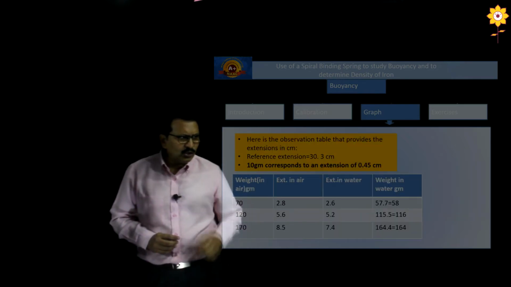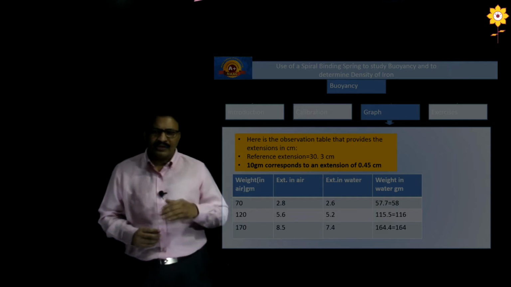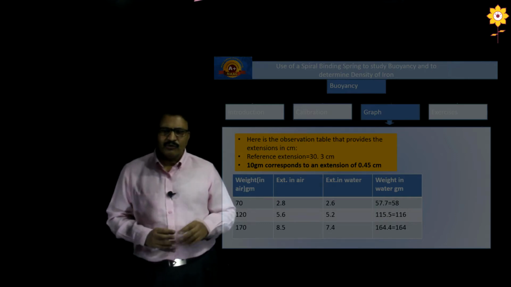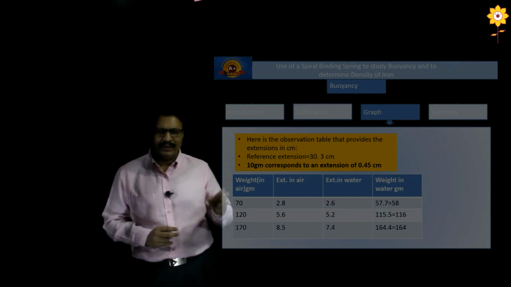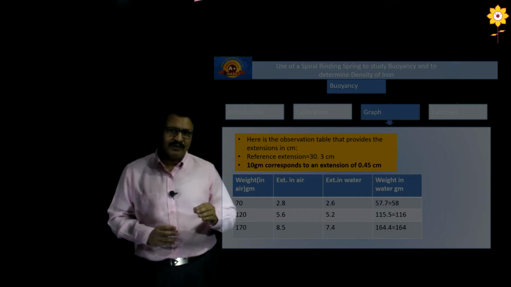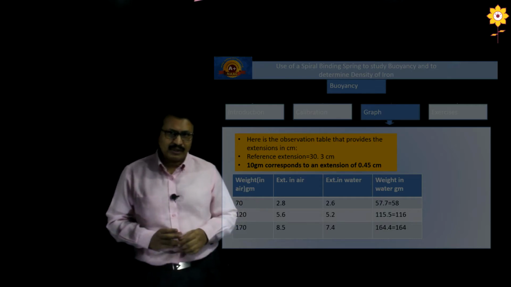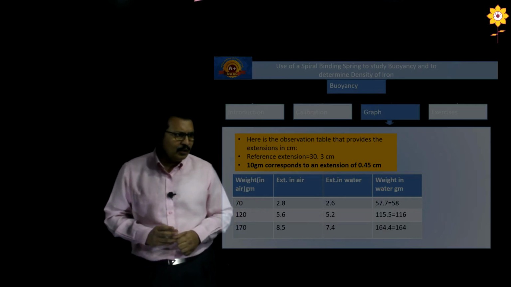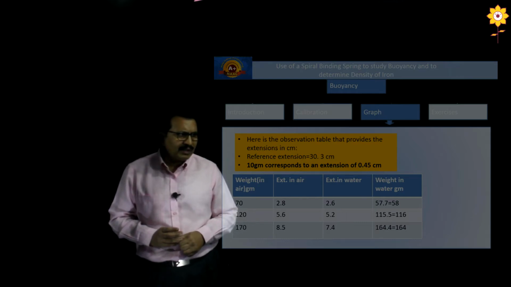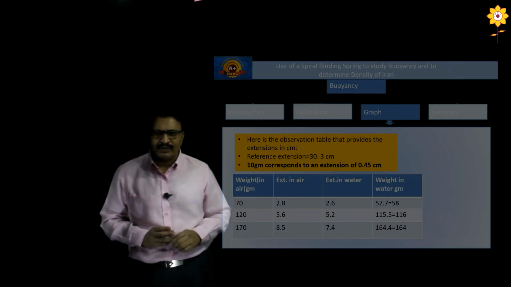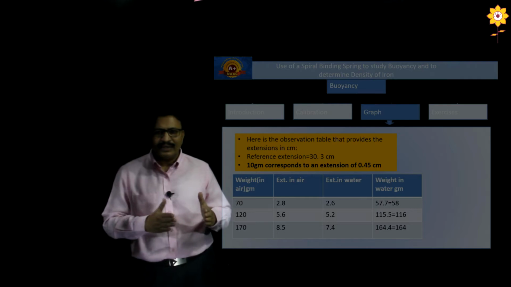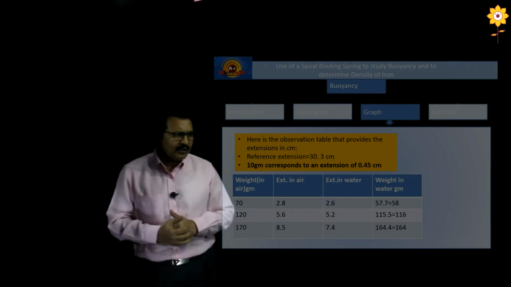Similarly, let us also do the same kind of corrections for the readings that we obtained when the weights were suspended in water. The corrected readings, that is the correct extensions in centimeters, are 2.6, 5.2 and 7.4 for the respective weights. And immediately you will see that there is a difference between the two.